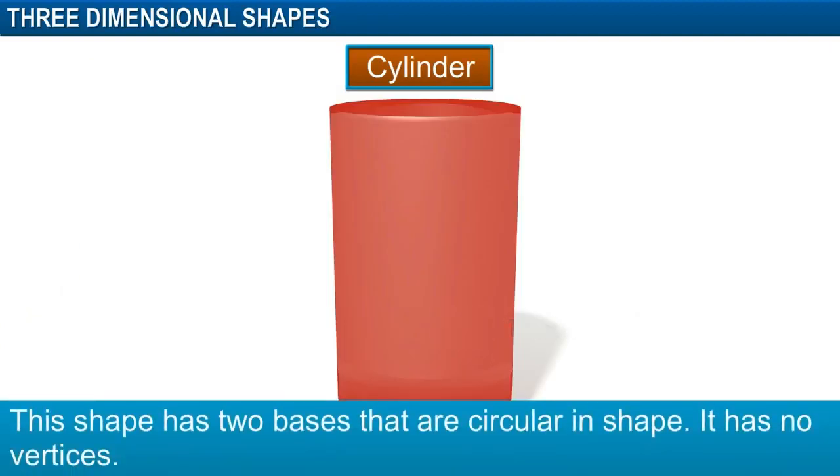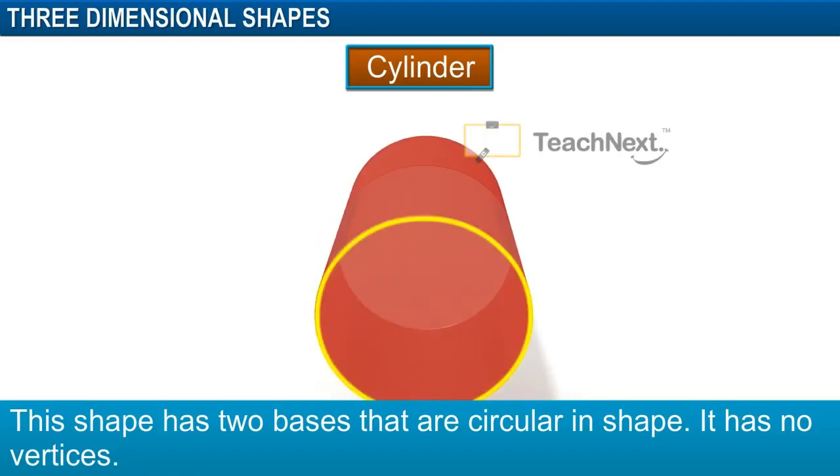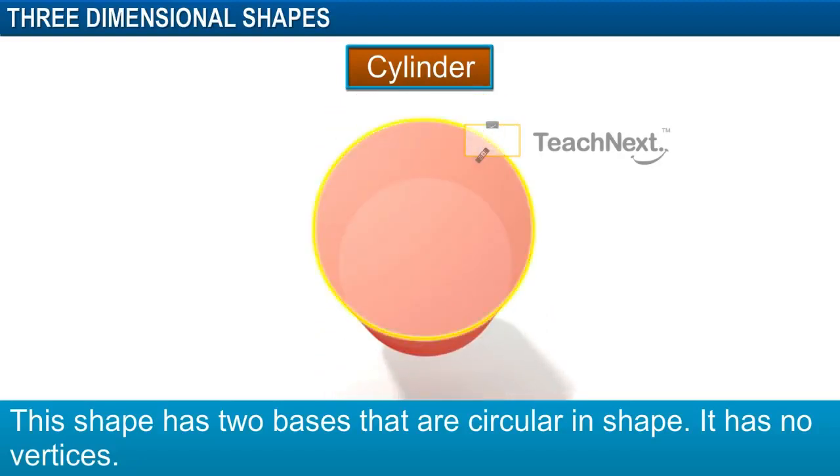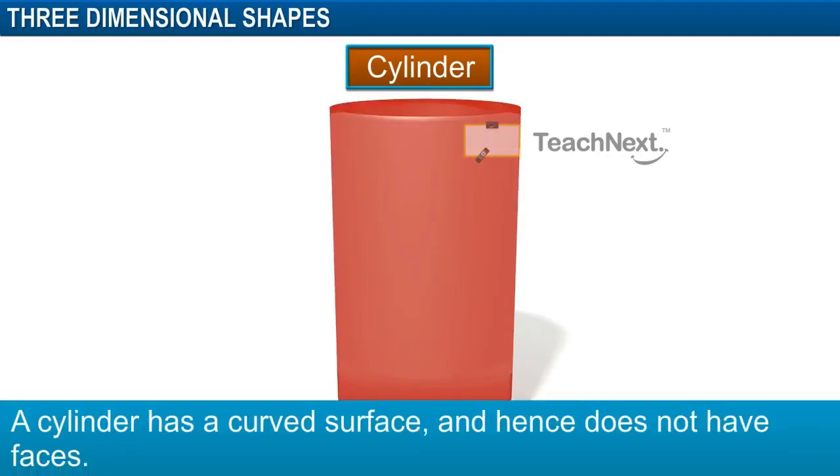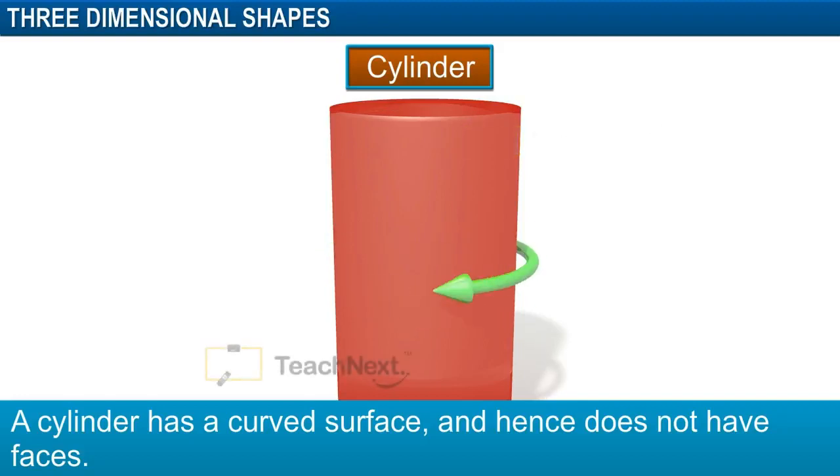Observe the cylinder. This shape has 2 bases that are circular in shape. It has no vertices. We can observe that a cylinder has a curved surface and hence does not have faces.